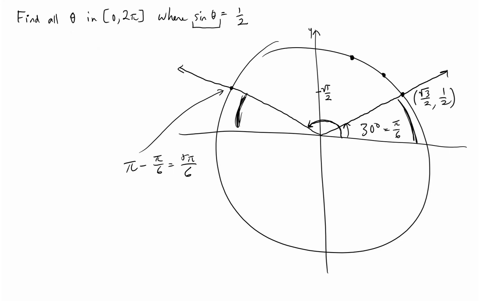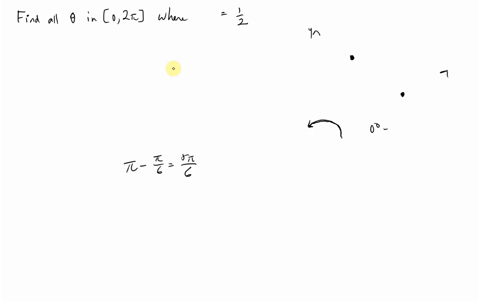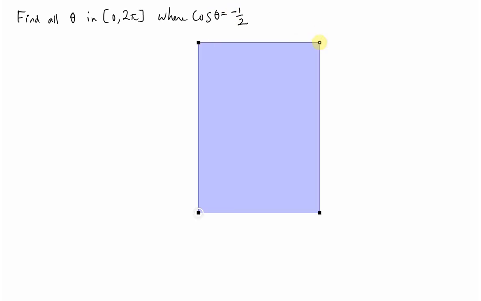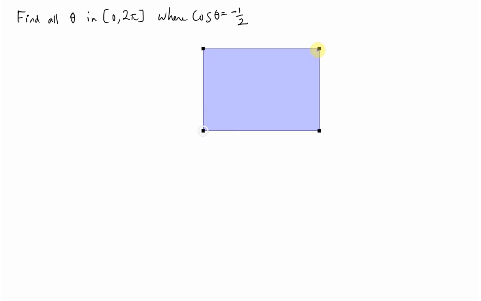Let's look at one more in this video. Let's take a look at cosine of theta equaling negative a half. So same idea, but in the unit circle.